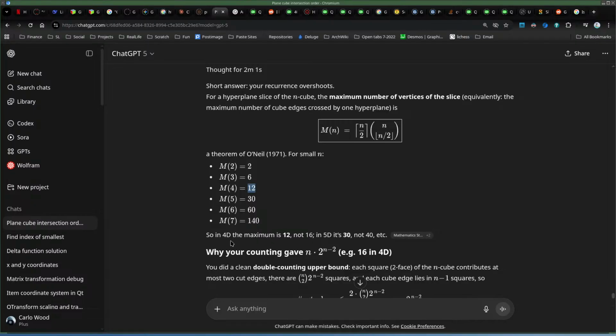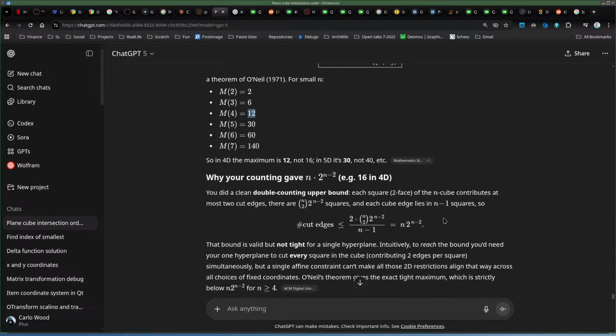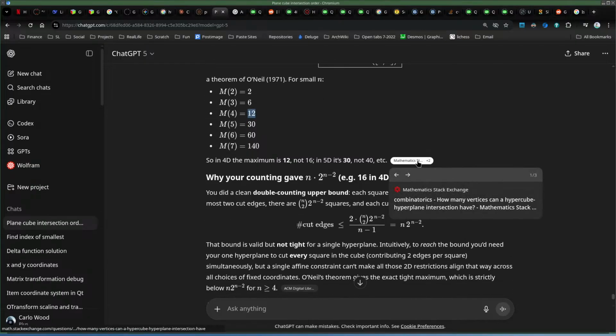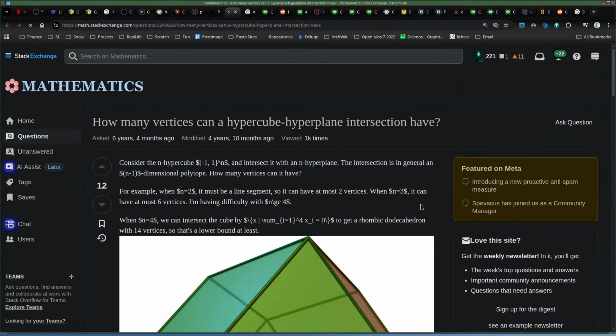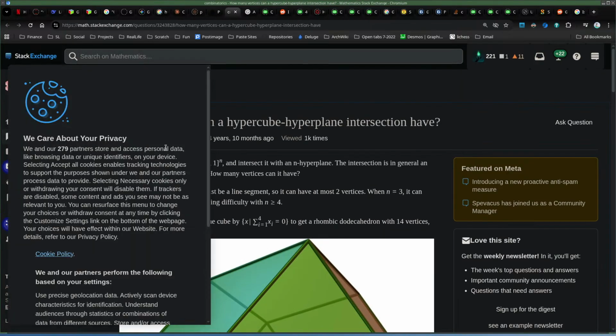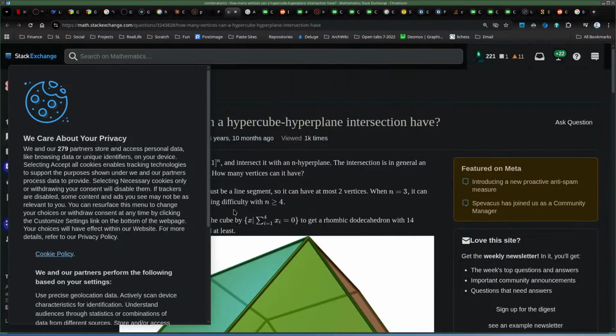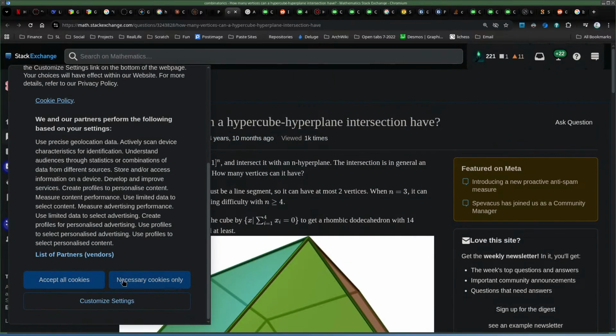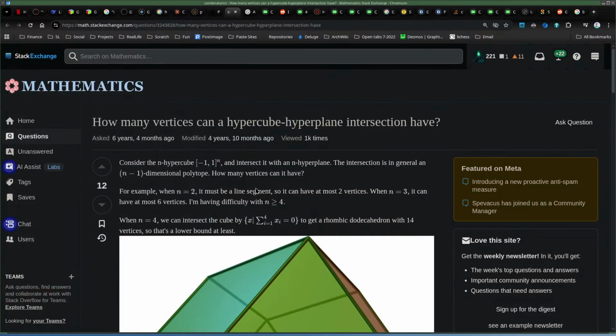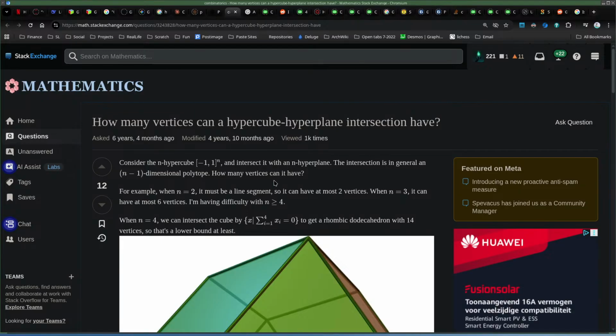Okay, so in 4D the maximum is 12. There's even a link here. How many vertices can a hypercube hyperplane intersection have? Oh, that's cool. I want to see that. Oh shit, I should have clicked that. As soon as you click that, you get advertisements.